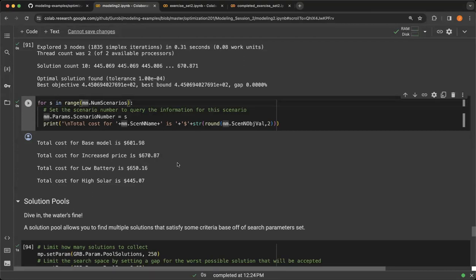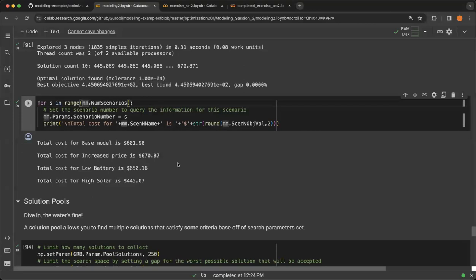But the high solar scenario, where we had much more solar availability, had a pretty substantial decrease of the cost, because again we were allowing this model to directly use the generated electricity from the solar panel, as well as being able to store and then discharge.